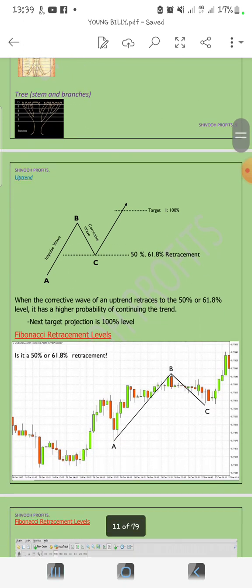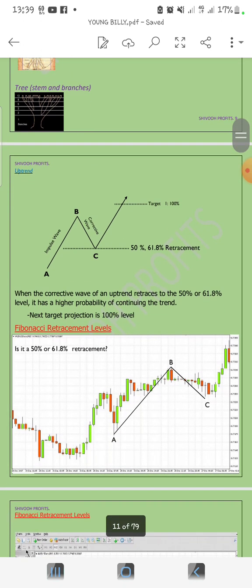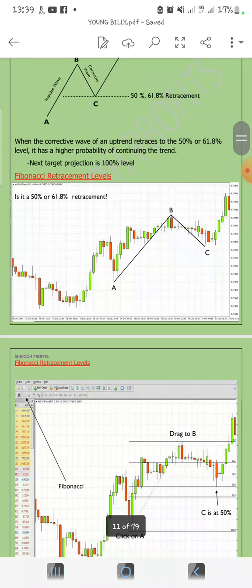So let's see, there is a chart there. You can see the Fibonacci retracement is at 50% or 61.8% retracement. When you take your Fibonacci tool and you want to measure the Fibonacci retracement, which is 50%, 61.8% or 78%, you point it at A and drag it to B, and then you estimate the retracement C. Let's look at another example.